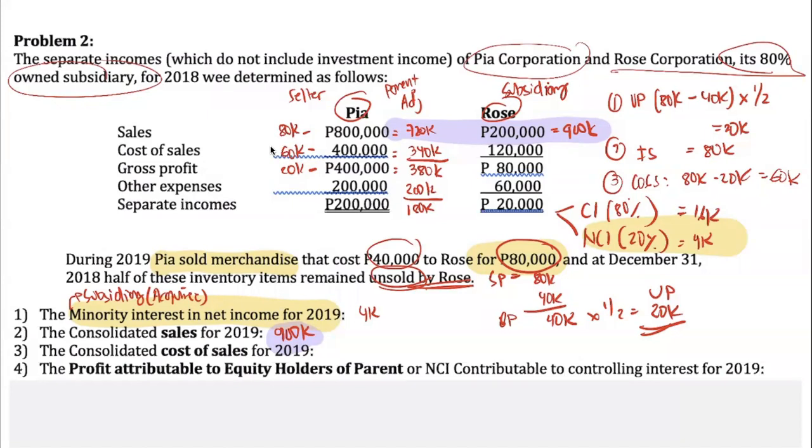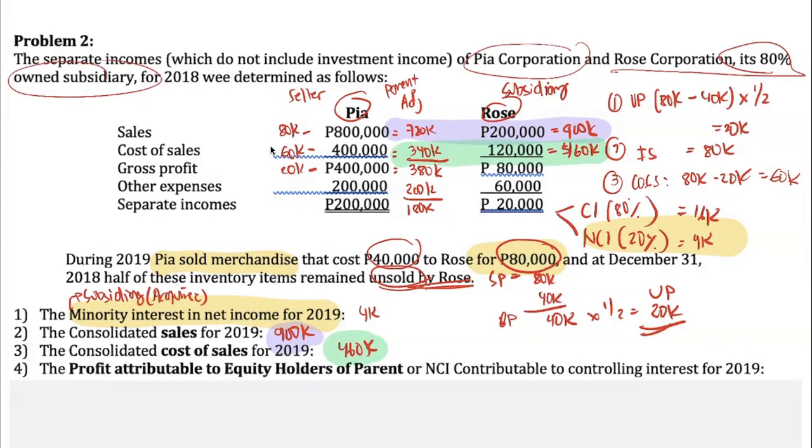So cost of sales natin, 340, 120. 340 plus 120, 460,000. So consolidated cost of sales, 460,000 pesos.